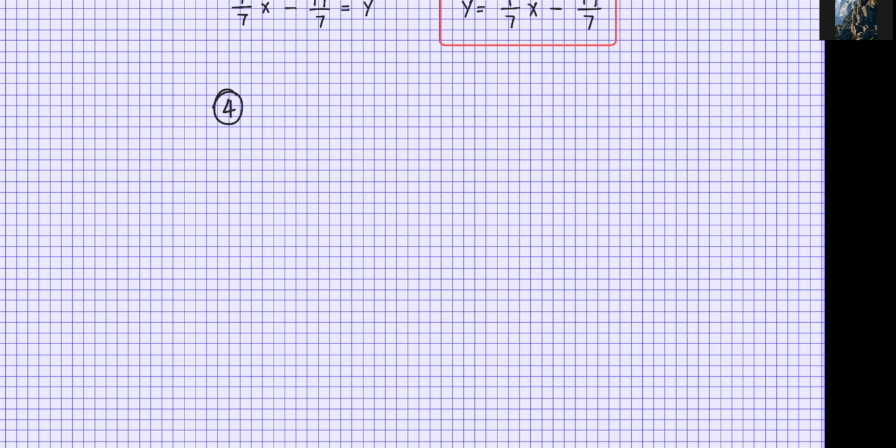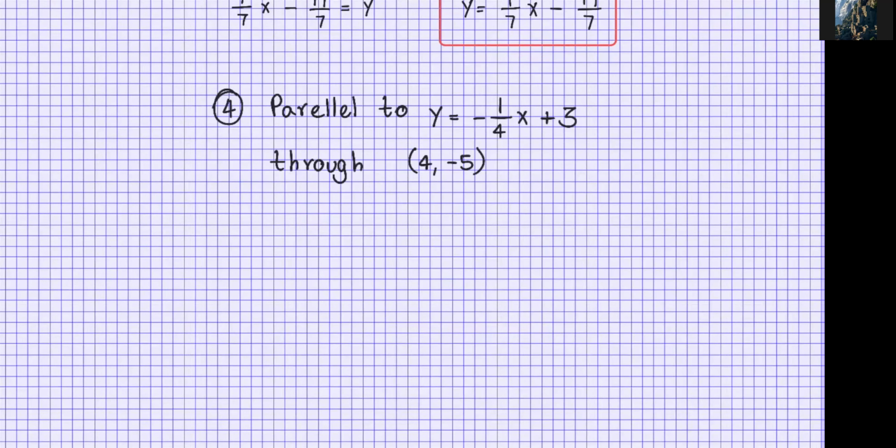So check this out. They tell us the line that we're trying to find is parallel to y equals negative 1/4 of x plus 3. And it passes through this point 4, negative 5.